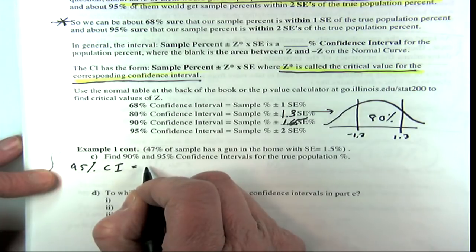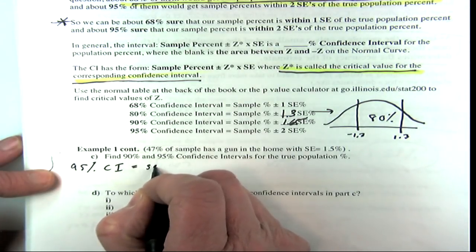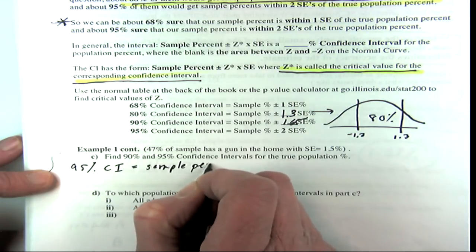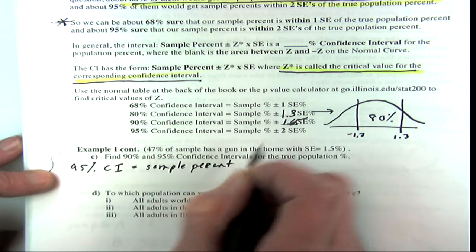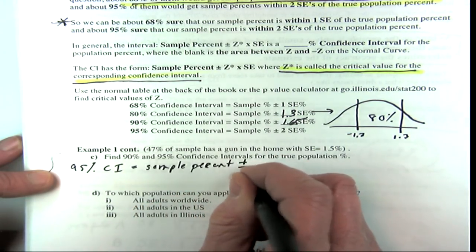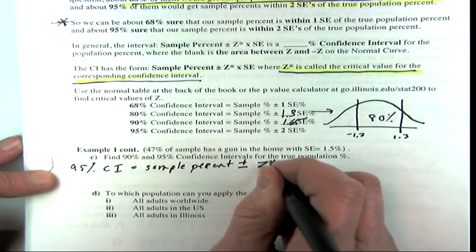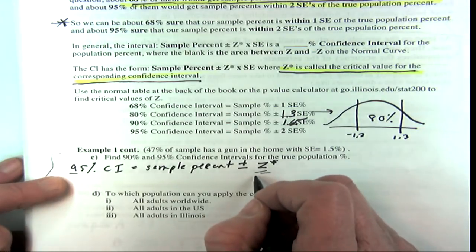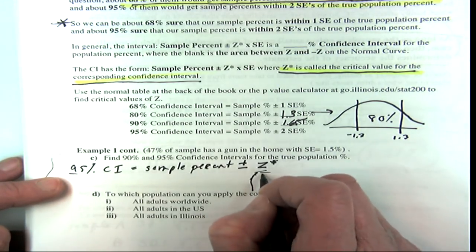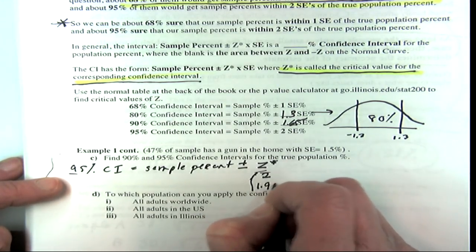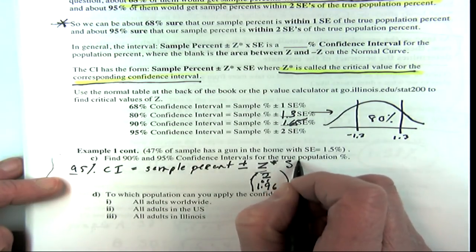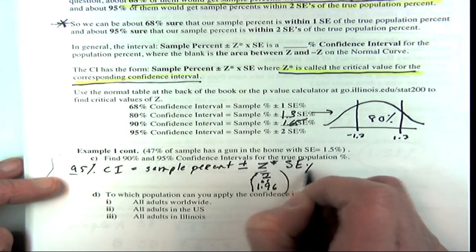It's always equal to, I'm just going to write it down this first time so you know, your sample percent p hat plus or minus this critical value that corresponds, now with 95 you could say either 2 or 1.96 if you want, times our standard error for the percent.